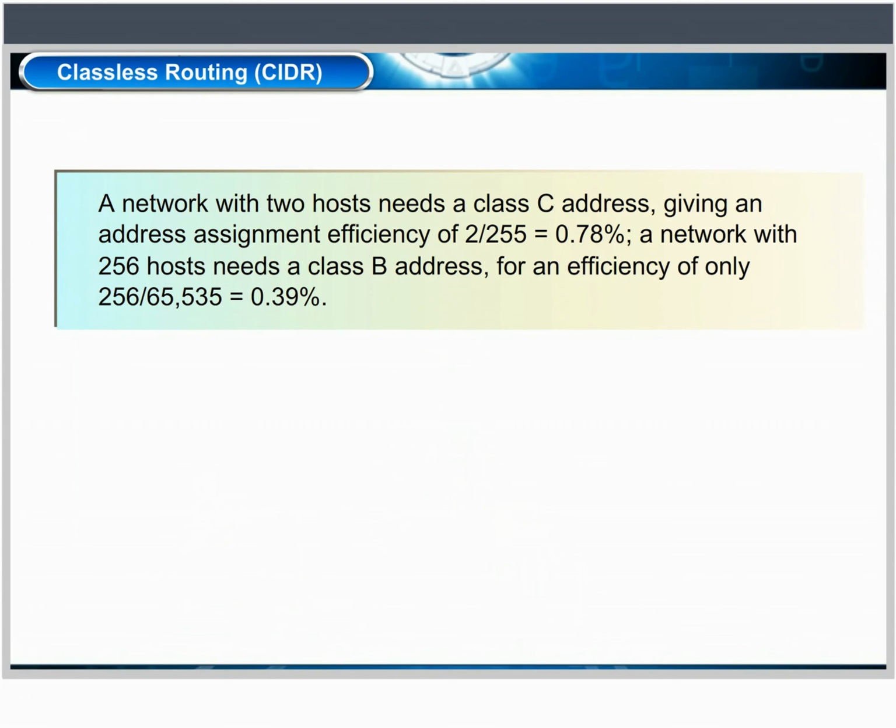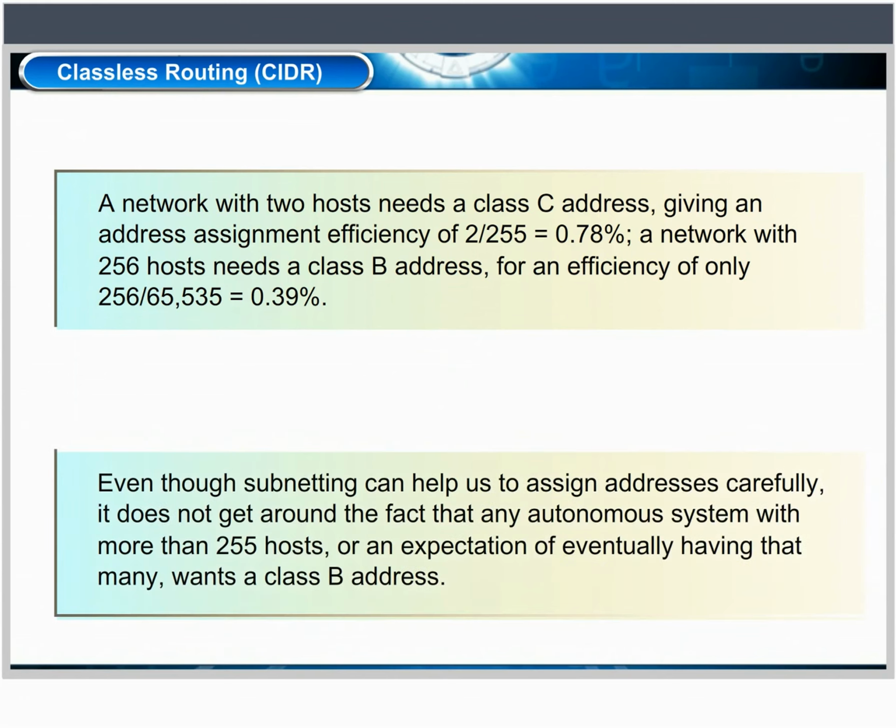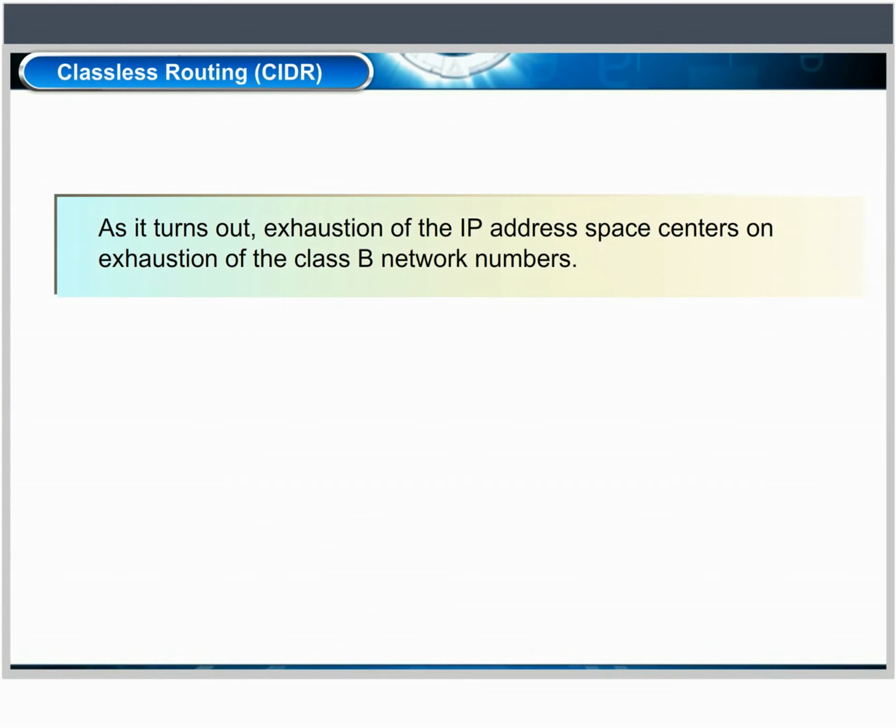Even though subnetting can help us to assign addresses carefully, it does not get around the fact that any autonomous system with more than 255 hosts, or an expectation of eventually having that many, wants a Class B address. As it turns out, exhaustion of the IP address space centers on exhaustion of the Class B network numbers.